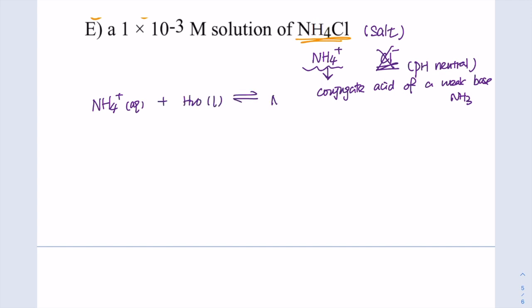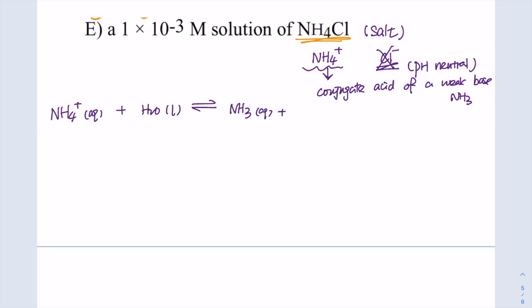It donates a proton, ending up with ammonia, and water behaves as a base, accepting the proton and producing hydronium ion for us. Since it's an acid, that's going to be Ka. If I can figure out the hydronium ion concentration, I can figure out hydroxide from there.